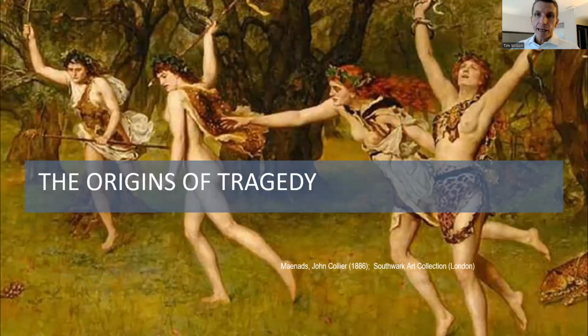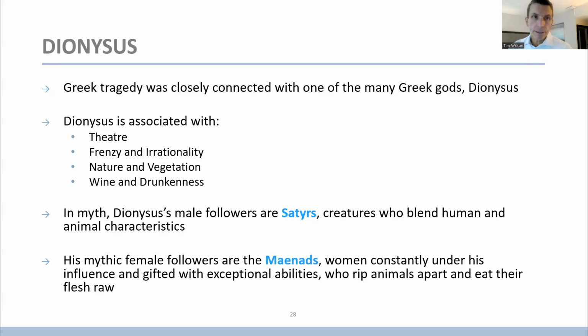Let's talk about the origins of tragedy. So Dionysus, the Greek tragedy is closely connected with him, one of many Greek gods. And Dionysus is associated with theater, but also frenzy, irrationality, nature and vegetation, wine and drunkenness.